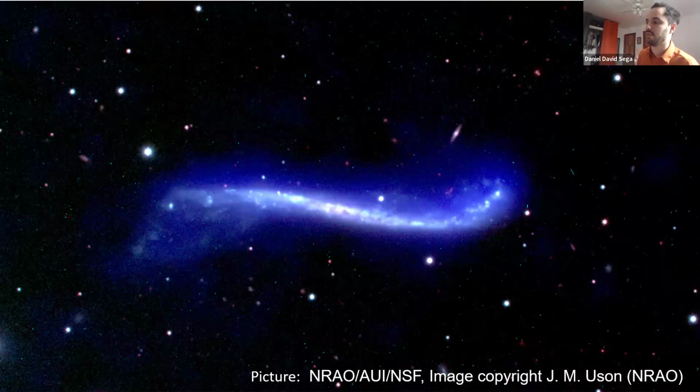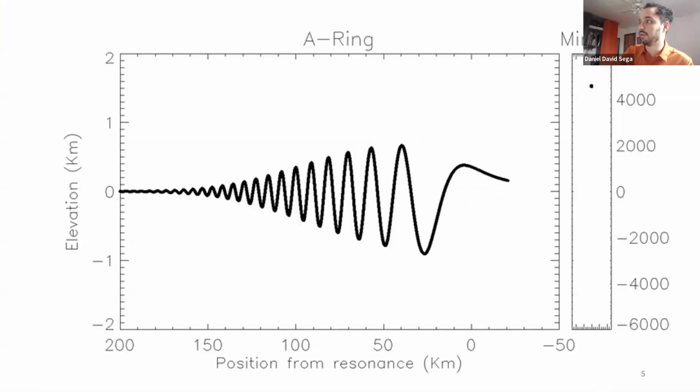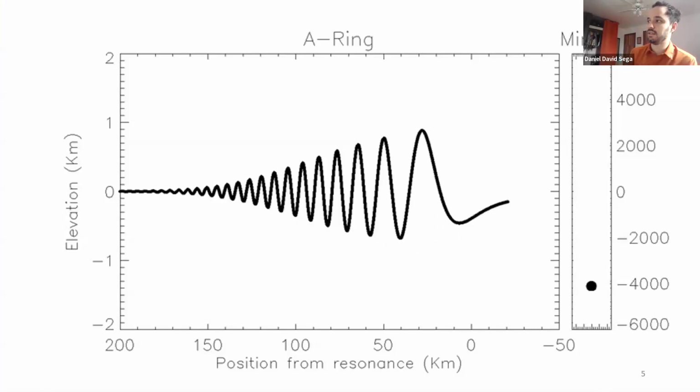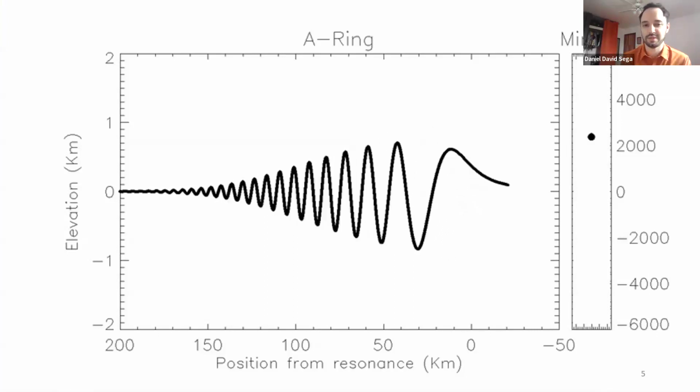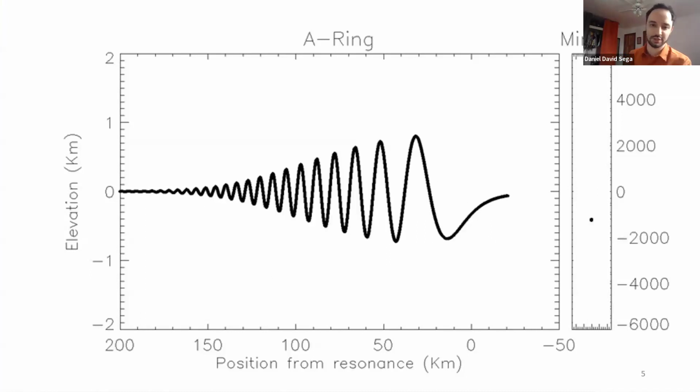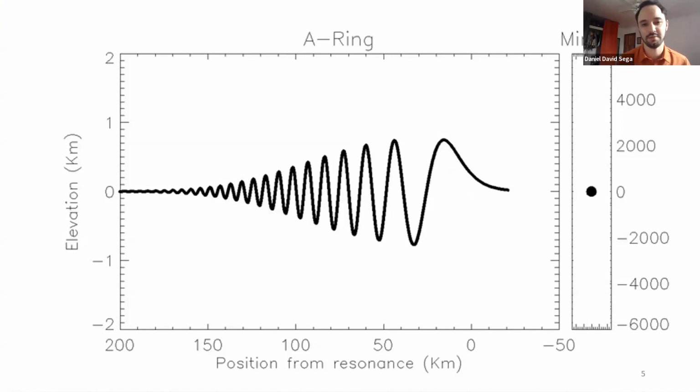And a place where we can start asking those questions about the fundamentals of how these things work is in the rings, because we have a lot of data of these waves. And this animation here represents our knowledge since the 80s of these bending waves.